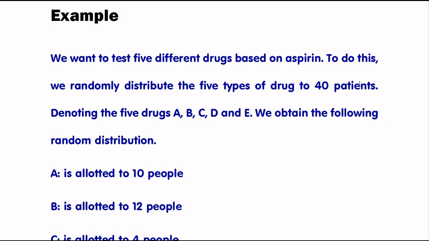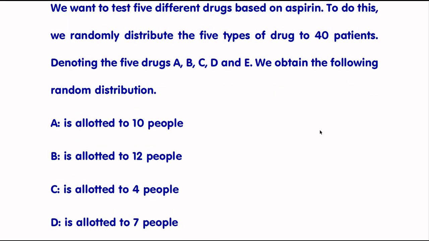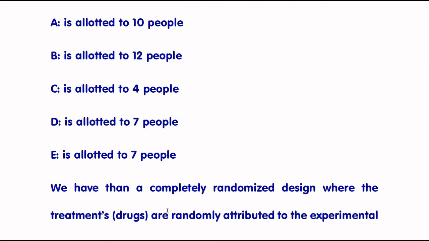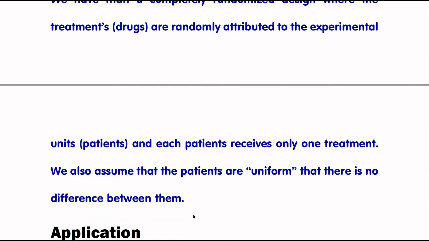Patients are the experimental units, 40 experimental units, at random. After randomization, A is allotted to 10 people, B is allotted to 12 people, C to 4 people, D to 7 people, and E to 7 people. So we have a completely randomized design where treatments, here drugs, are randomly attributed to experimental units, meaning patients, and each patient receives only one treatment.